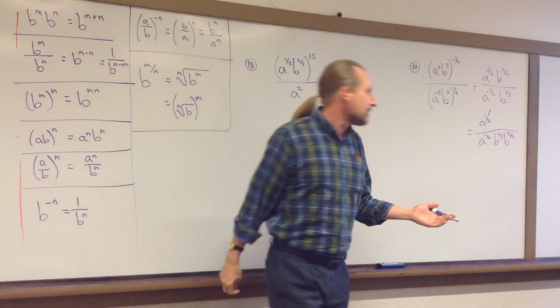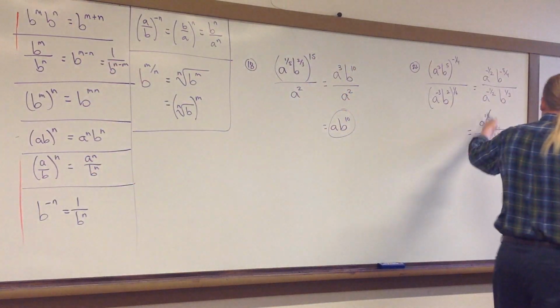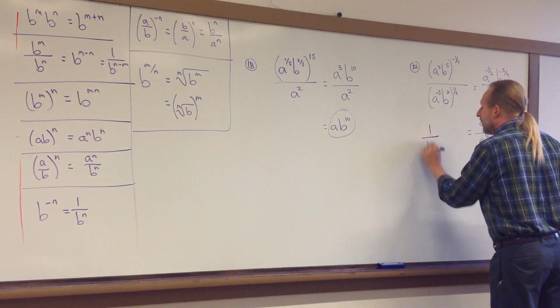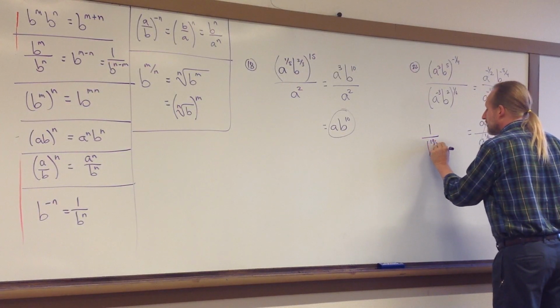That gives you a to the 0 power, which is just 1, okay? So we're going to need a 1 on top there. And down here we need to add a third plus 5/4. You can do that on the calculator, but let's see. This is going to be 19/12, b to the 19/12.